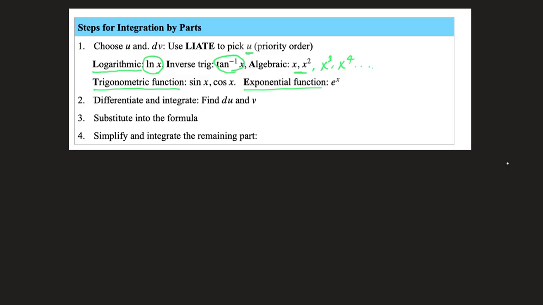Second, after you decide the u function, you find du and v from u and dv. Third, you substitute into the formula, integral u dv equals uv minus integral v du.